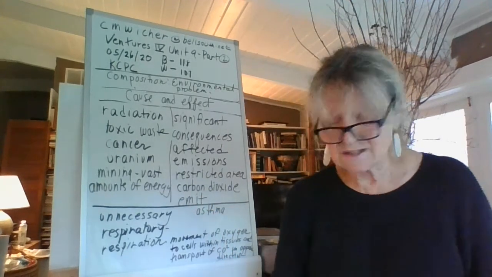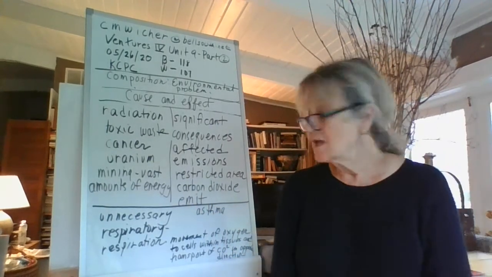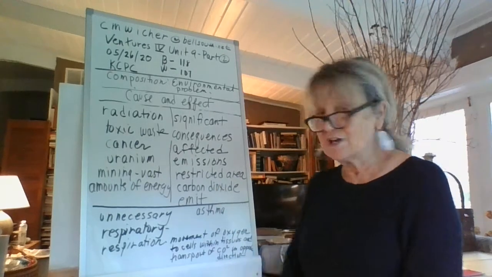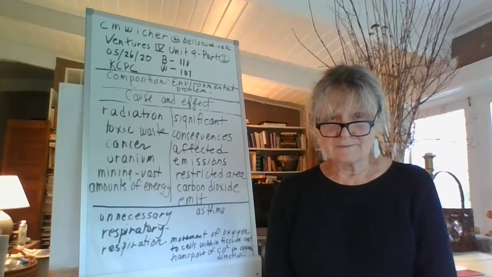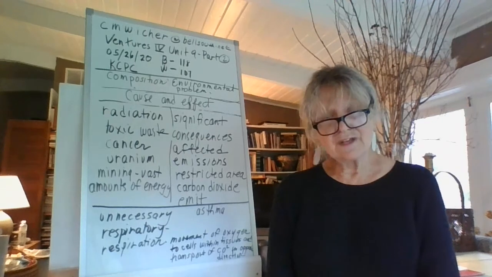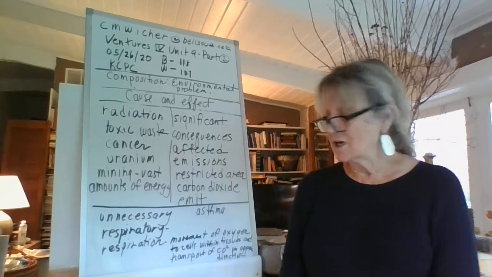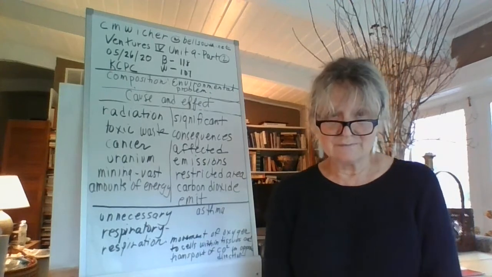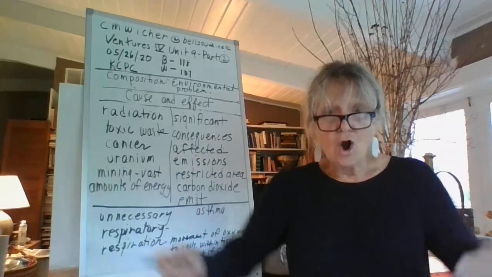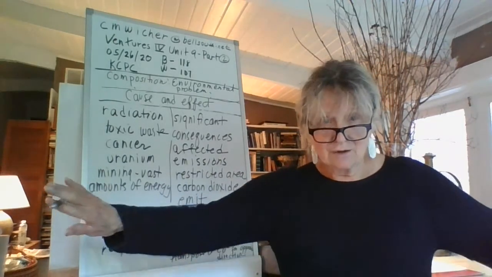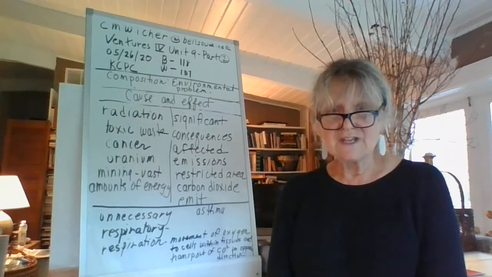Close to emit, right? Give out, emit. The next one, restricted area. I think of a nuclear power plant, I definitely think of restricted area. What does restrict mean? Hold in, keep out. Not allowed in, not allowed out.